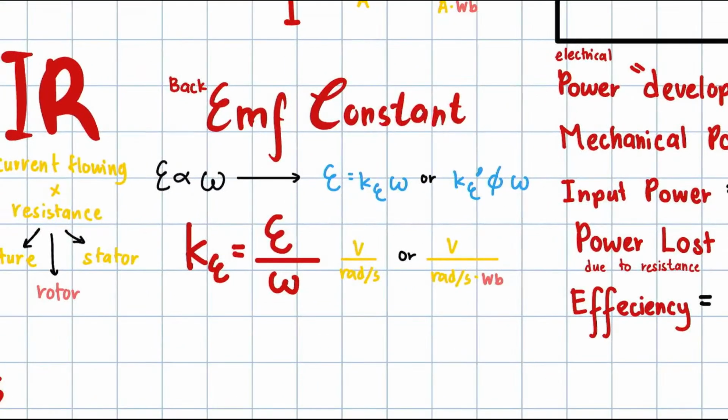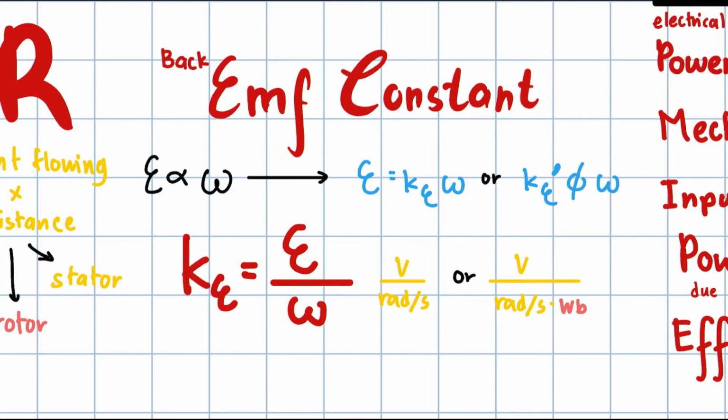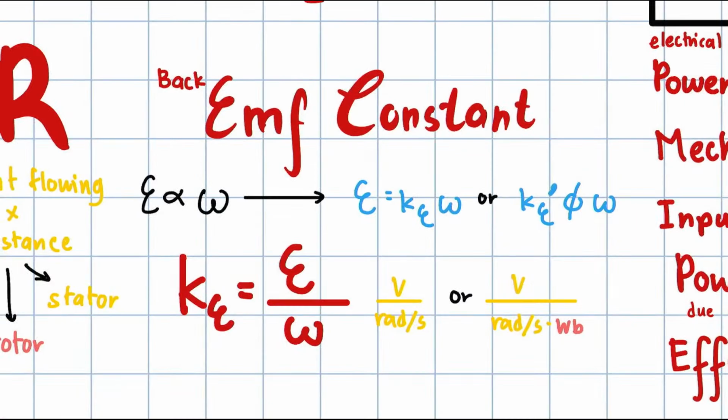And then we talk about the back EMF constant. The EMF is directly proportional to the angular velocity. So the more you spin, the more EMF you produce. So just like just now, we put a constant to make a relationship between the EMF and the angular velocity.